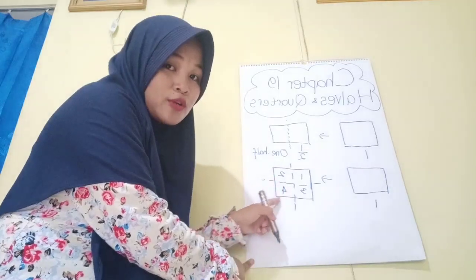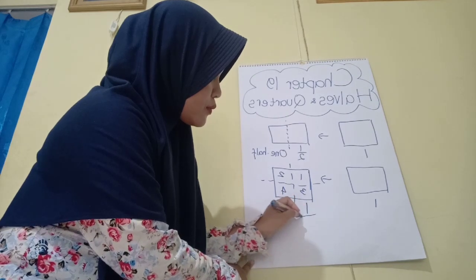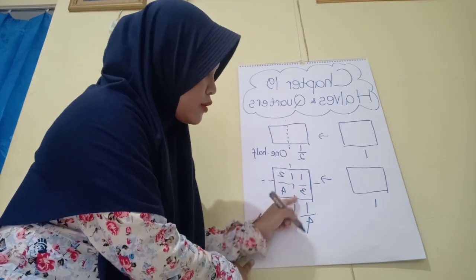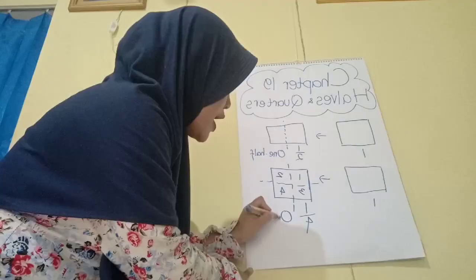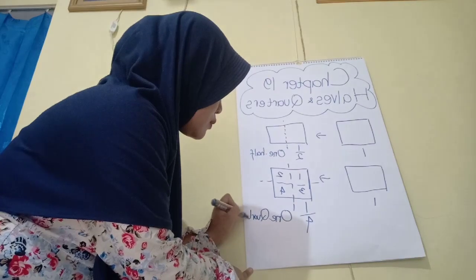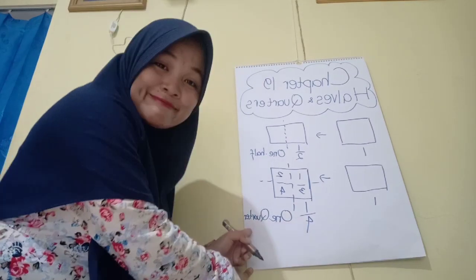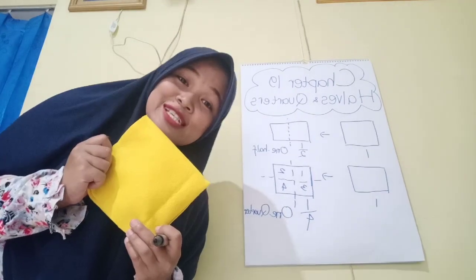So each part of the rectangle, we call it one fourth or one quarter. So this is one quarter. Do you understand until this?